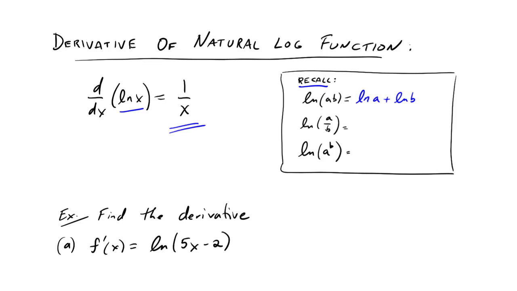So ln of A over B is ln of A minus ln of B. And ln of A to the B is B ln A. These are not derivative rules. These are just manipulations of logarithms, but they are going to be very helpful for us before we do derivatives.